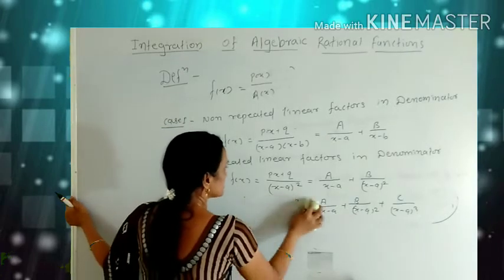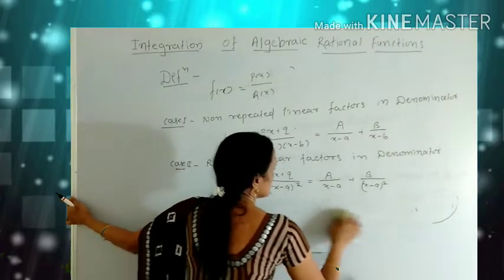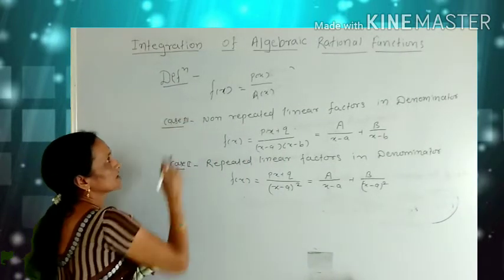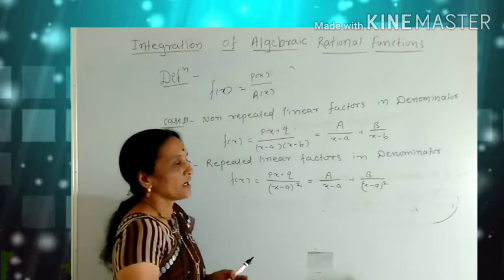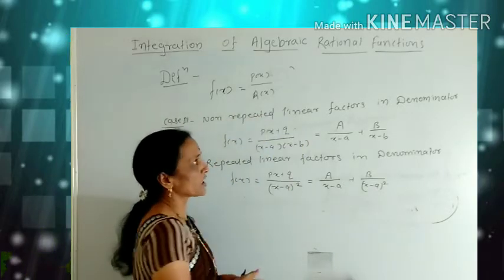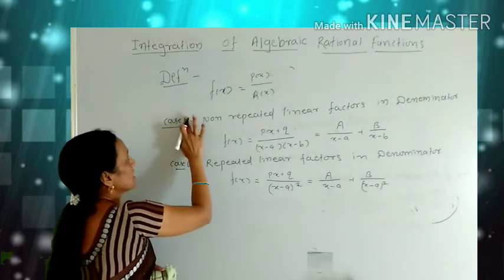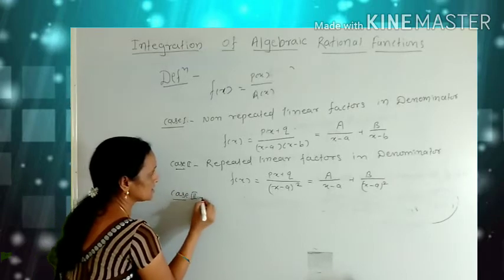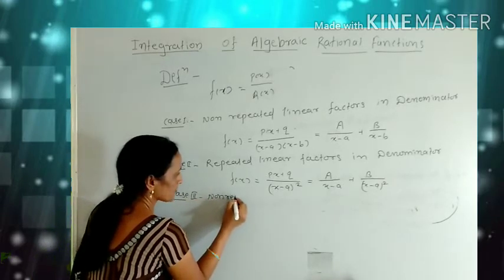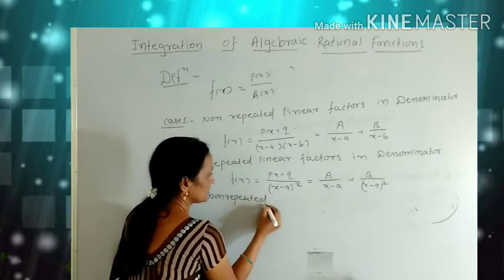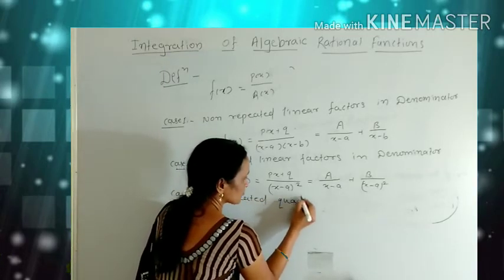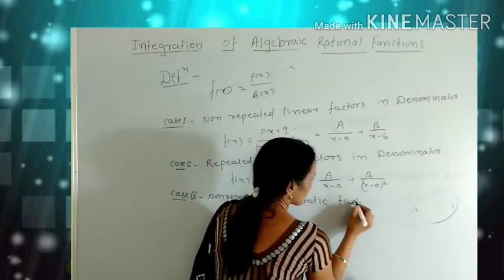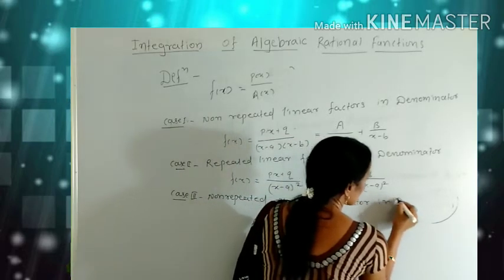Now, we consider the third case, non-repeated quadratic factors in the denominator.